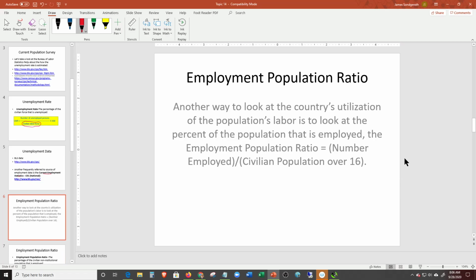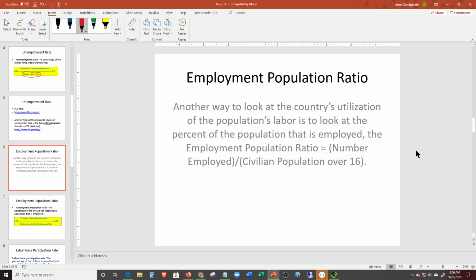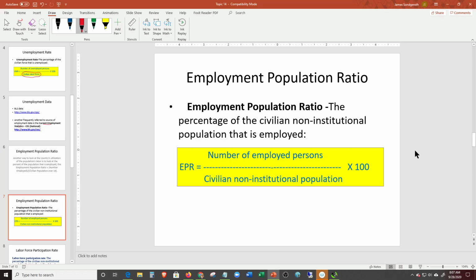All right, let's get back to some of the other measures from the current population survey. The employment population ratio is another way to look at a country's utilization of a population's labor. It's the number of employed persons over the civilian non-institutional population.